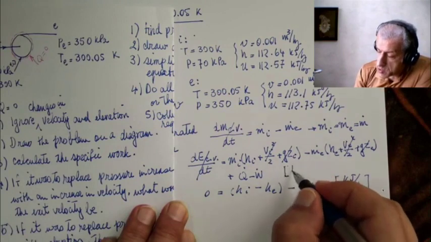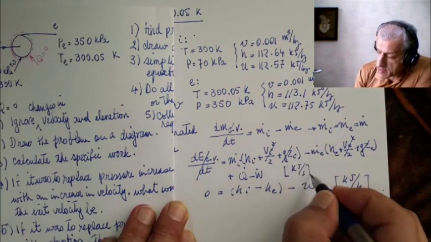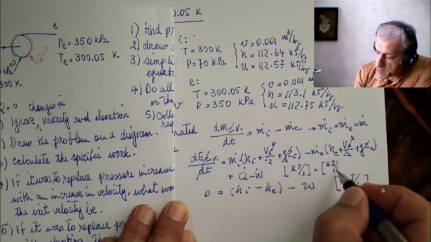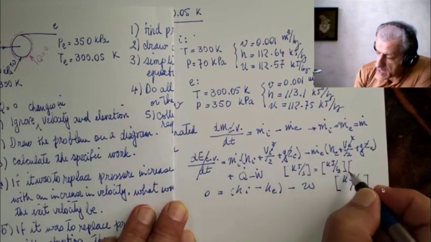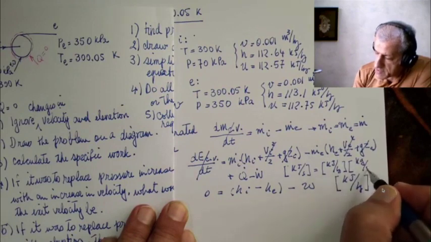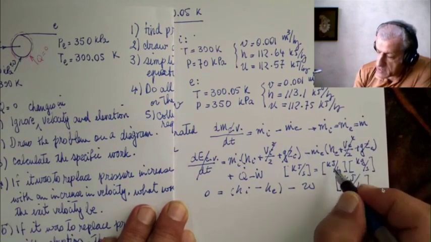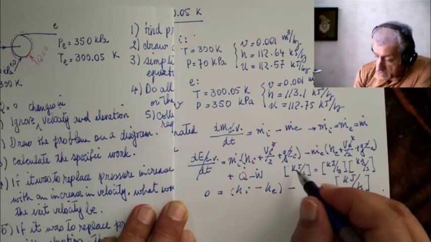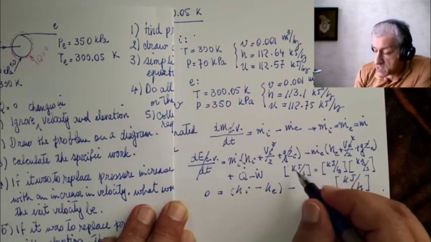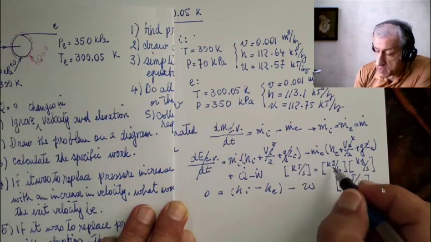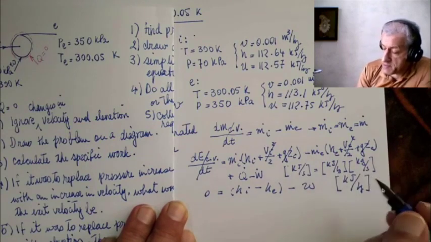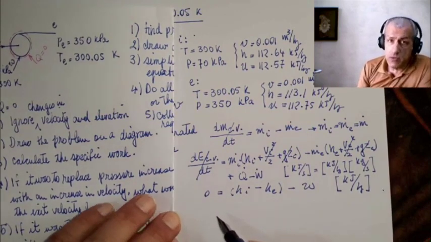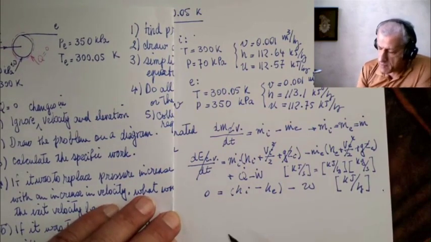You know that kilojoules per second equals kilojoules per kilogram times kilograms per second. This is m dot, this is h, and this is m dot times h. This is kilowatts, this is kilojoule per kilogram, and this is kilograms per second. Remember to follow the units very, very carefully.